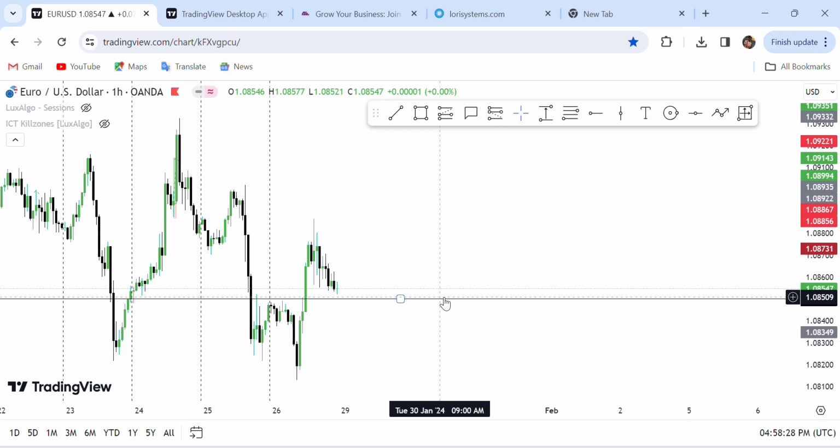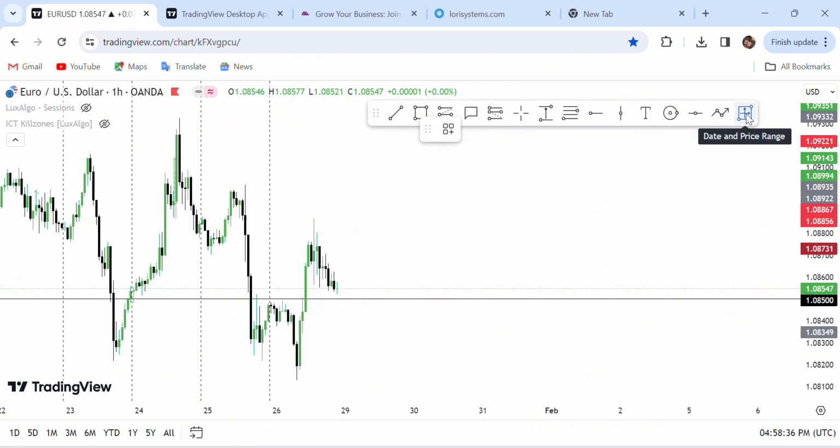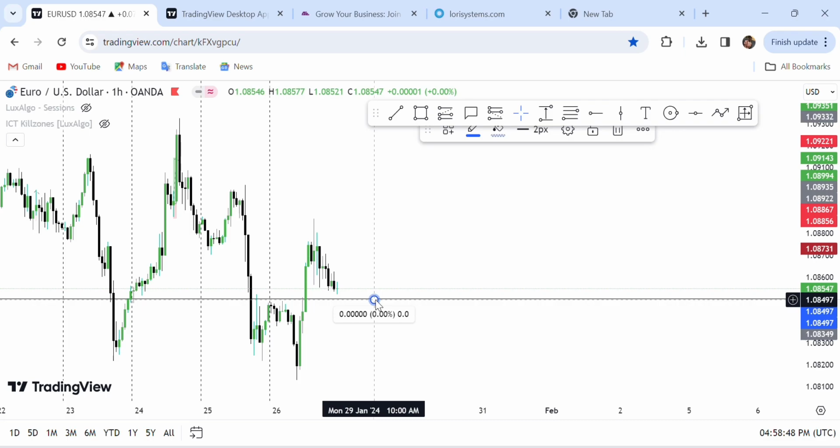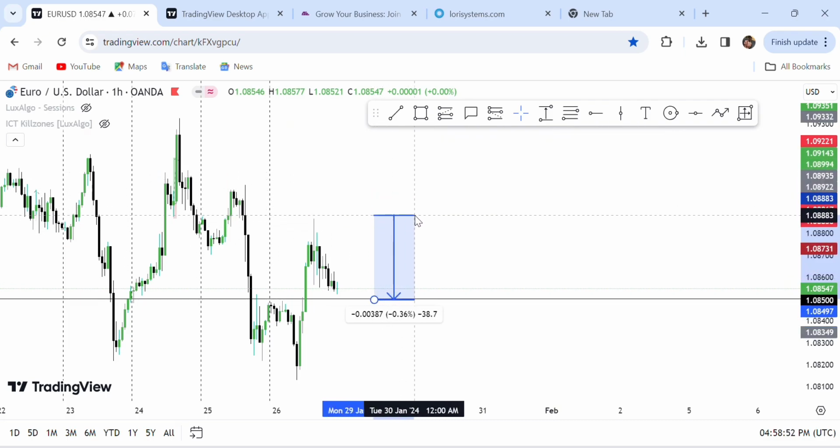No, sorry, we are going to measure 50 pips from 1.08500. So we take our price and date range, or you can just use this price range, put it on your whole number, and then measure 50 pips from there.